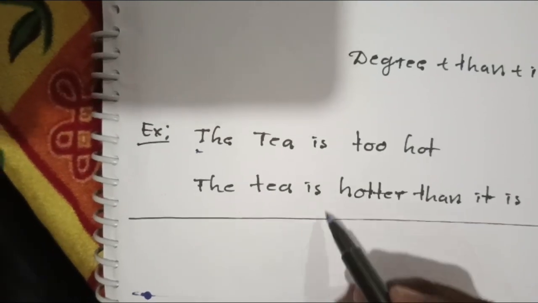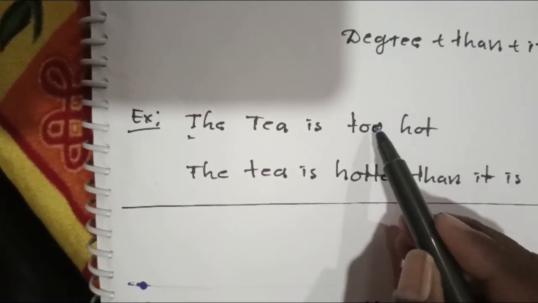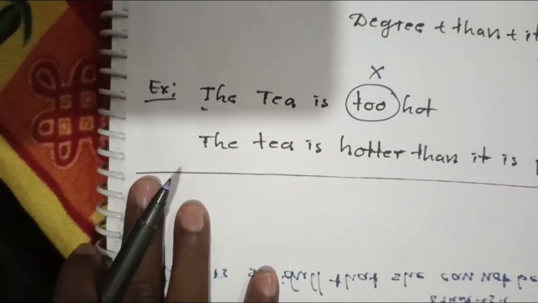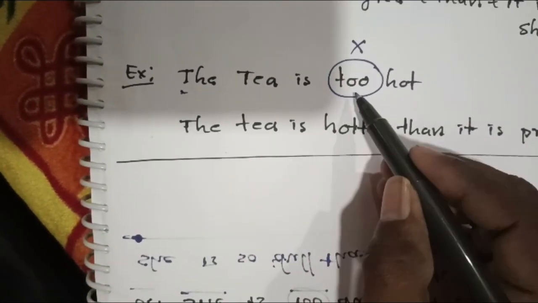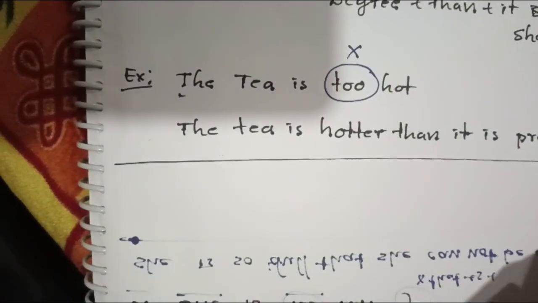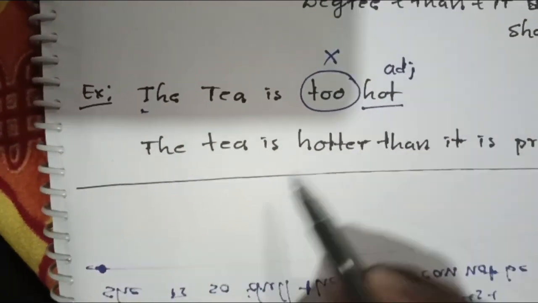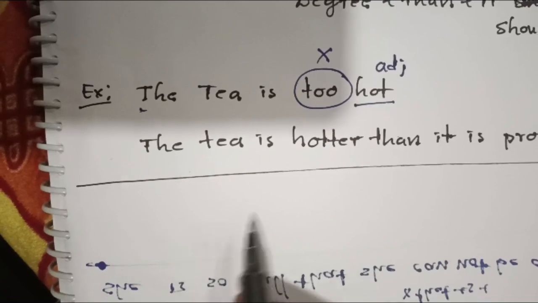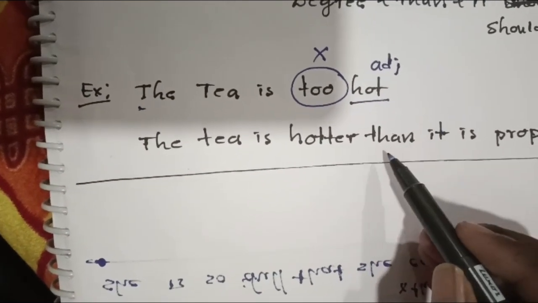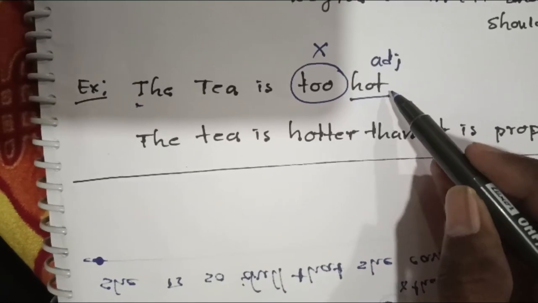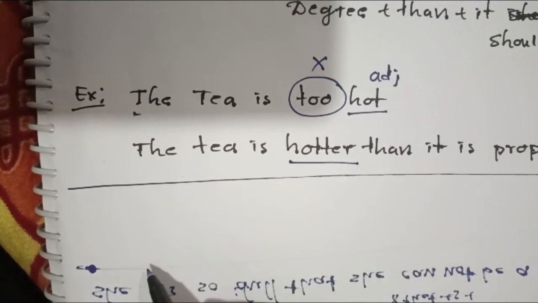So the tea is, and we remove that 'too'. It is not using 'so'; here in place of 'too' we completely remove it. Whatever adjective is there, we change it into the comparative degree: hot, hotter, hottest. The comparative degree is hotter, so we use hotter.